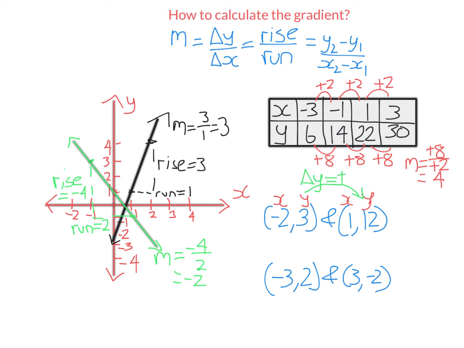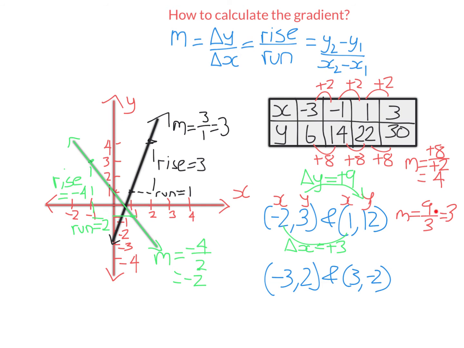We've added 9 to the y value. For the x value, we've gone from -2 to 1. We've added 3. So the gradient here is change in y, 9, divided by change in x, which is 3. So 9 divided by 3 equals 3. If I were to draw a line that went through this point and this point, its gradient would be 3.